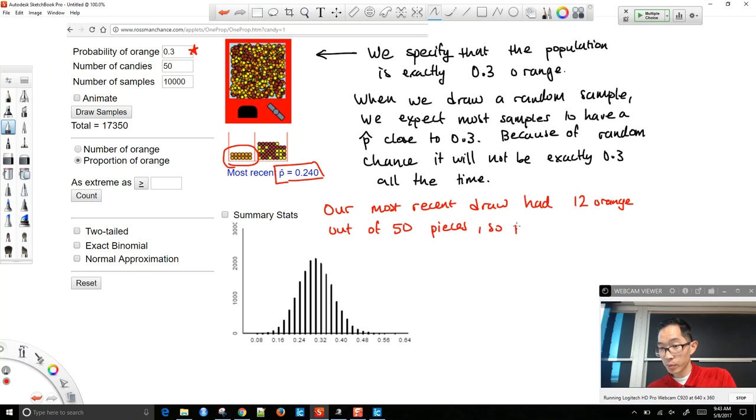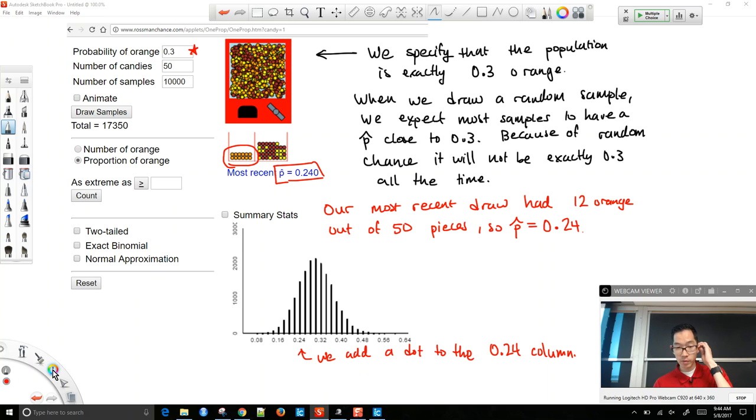So p hat is equal to 0.24. Okay? And we add a dot to this column. And so the resulting dot plot is the distribution of all the p hats that we have seen.